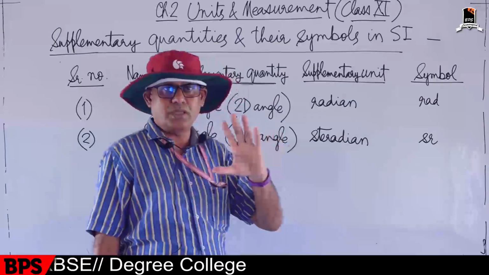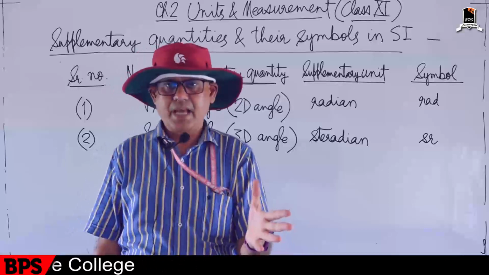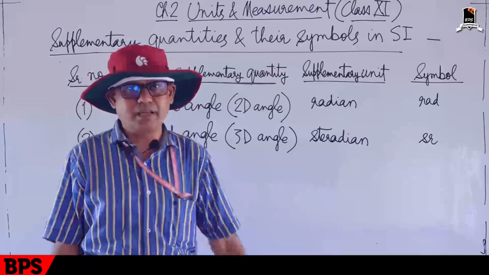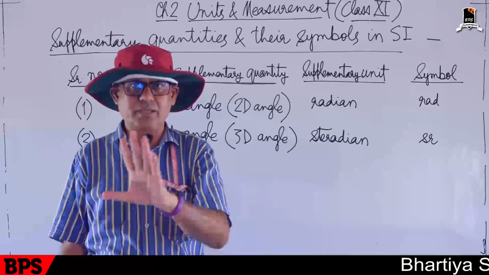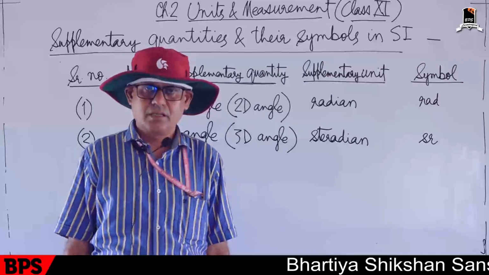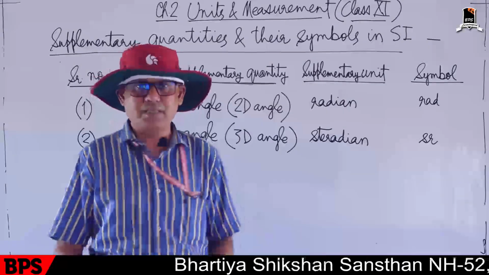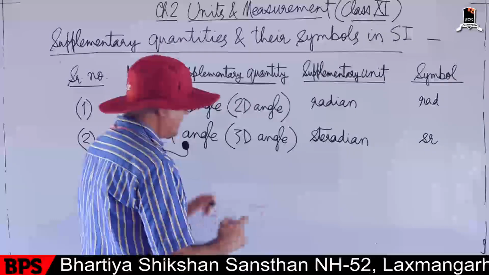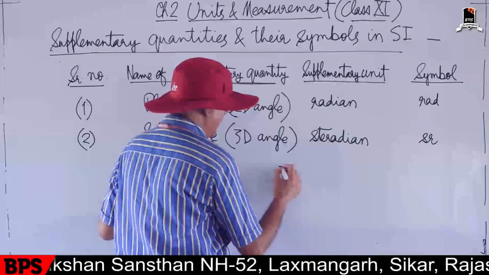If you use 30 degree and write it as pi by 6, 30 degree equal to pi by 6, then pi by 6 is in radians.